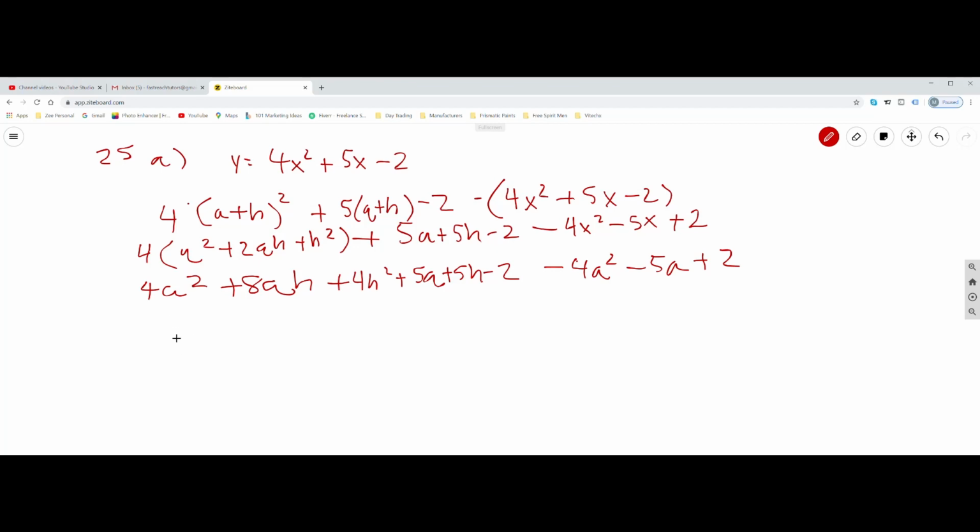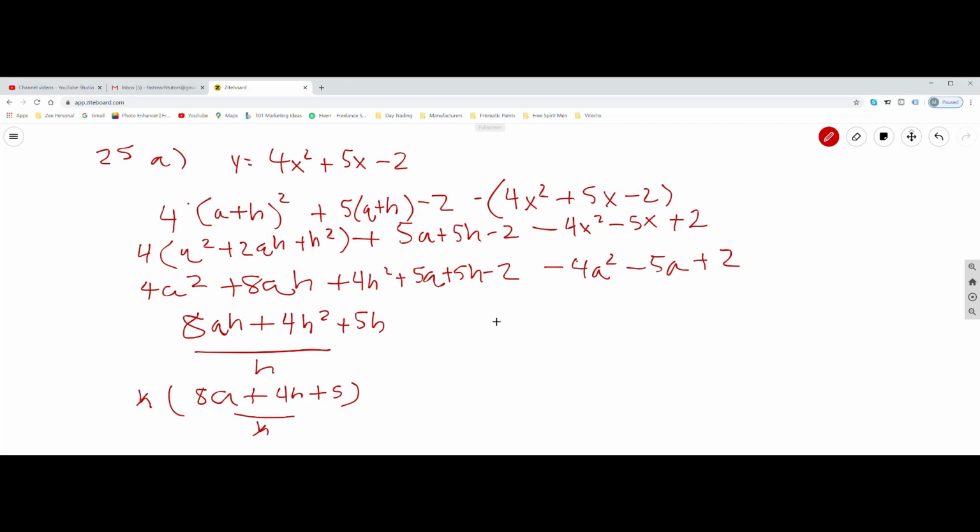So you're left with 8ah plus 4h squared plus 5h over h. And you have 8a plus 4h plus 5 over h. You're left with slope is equal to 8a plus 5.